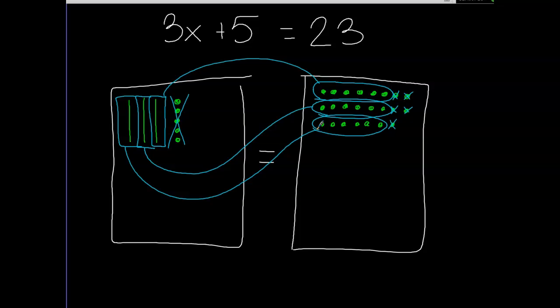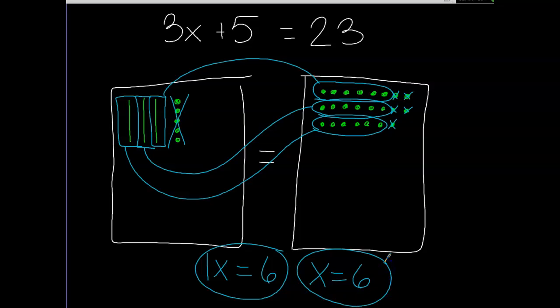So 1x is equal to one of those groups on the right-hand side, and I have 1, 2, 3, 4, 5, 6 of them in there, so therefore 1x is equal to 6. Normally we would just write it as x equals 6, but that means the same thing.